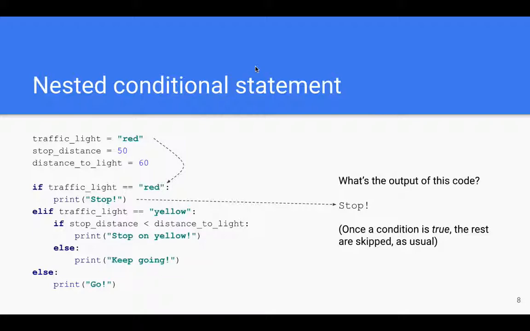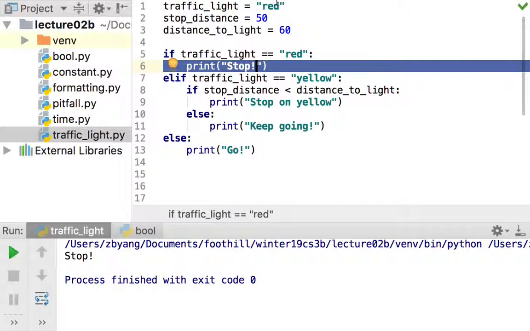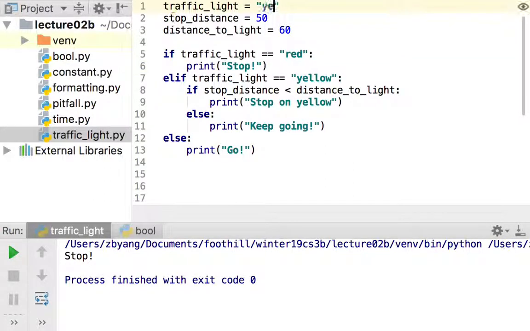Okay. Now, what about if I change the traffic light to yellow? Before I run it, pause for a moment and think about what you expect this to show. Now I'm going to run it, and it says we stop on yellow. How did that happen?